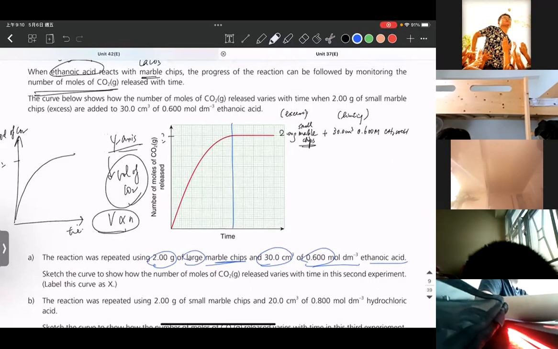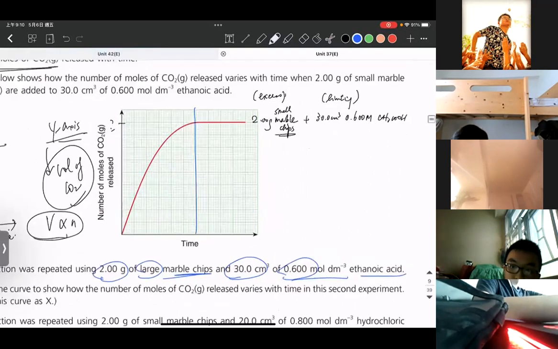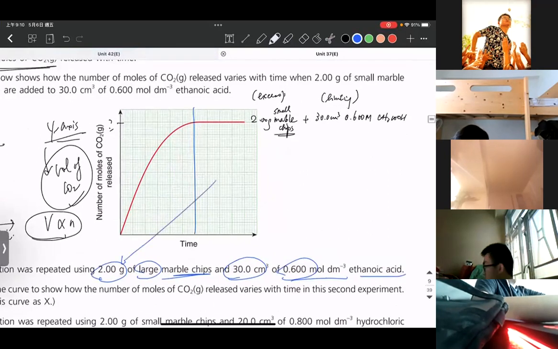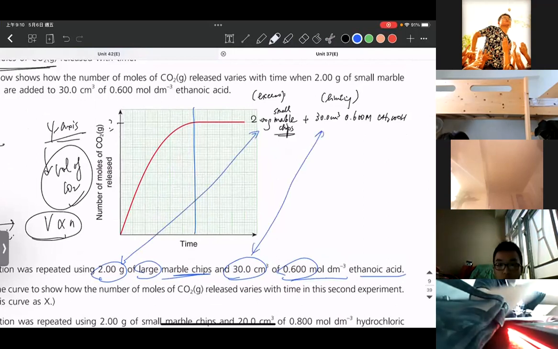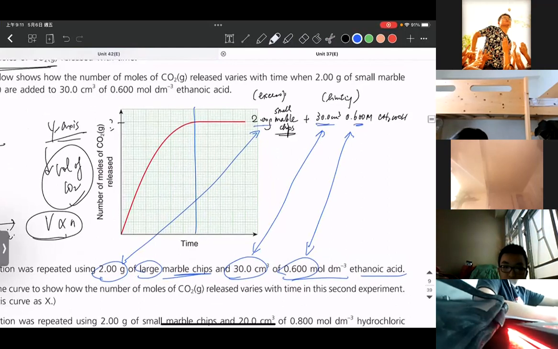Number of moles, they are different. How different? 2.00 gram is equal to 2.0 gram. This is equal. Can you see the number? They are the same.